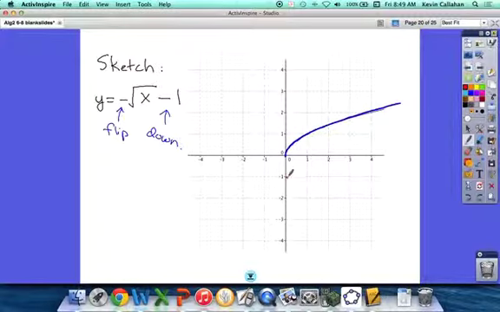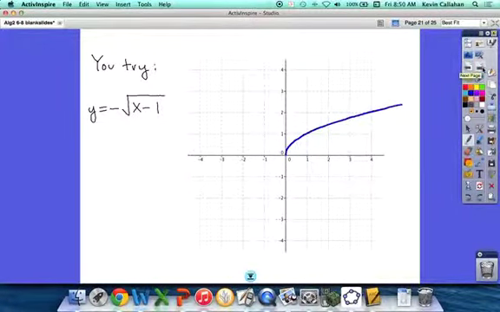So it would look like this. Right? Down one and flipped. Good?